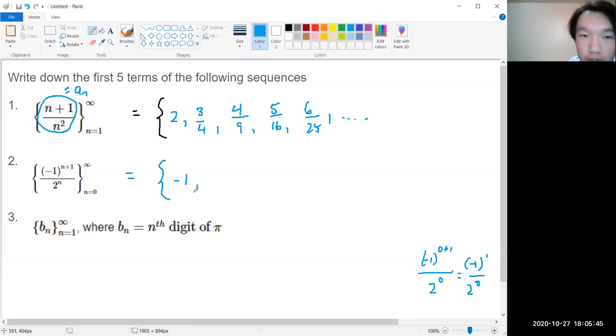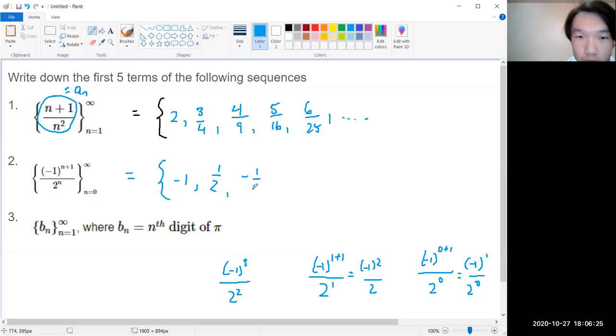So -1. Just let me know if I make a mistake. So next index is 1. So we're going to have -1 to the 1 plus 1 over 2 to the first power. So that's -1 squared over 2. So that's 1/2. What's the next one? It's -1 to the third over 2 to the second. So that's -1 over 4.